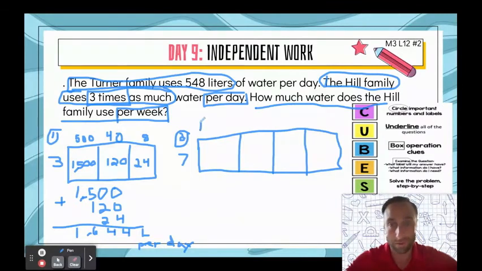So I have, right, breaking down 1,644 into 1,600, 40, and 4. 7 times 1,000 is 7,000. 7 times 600.